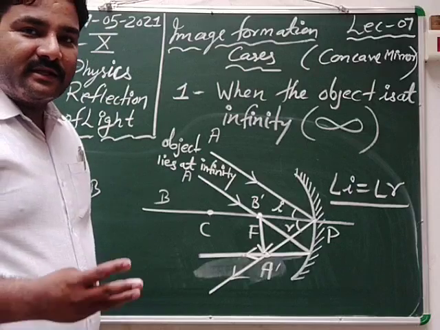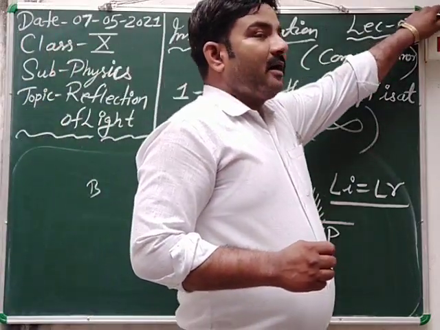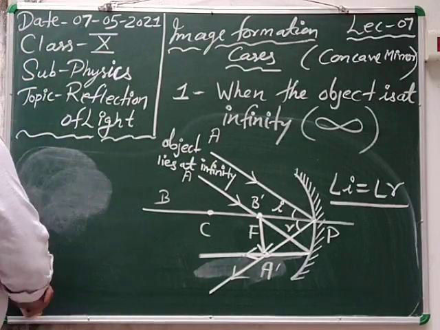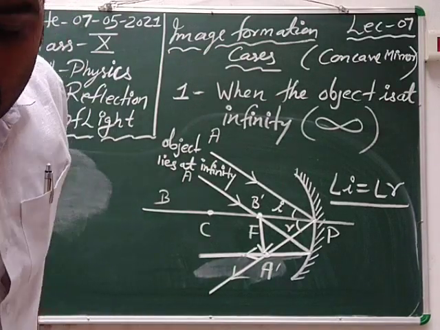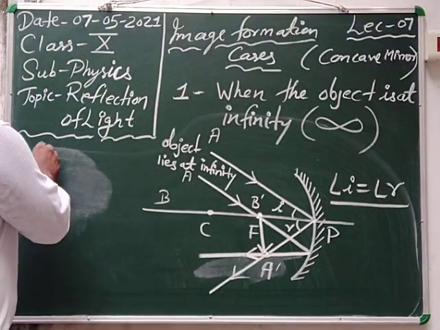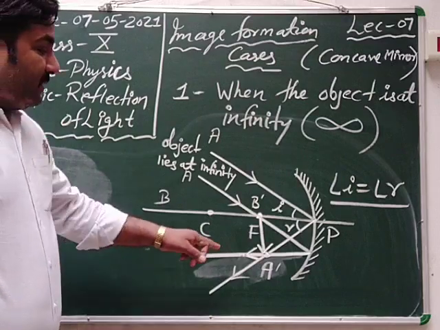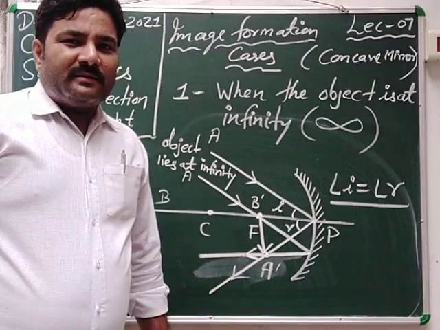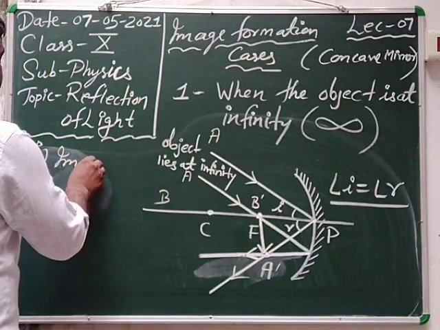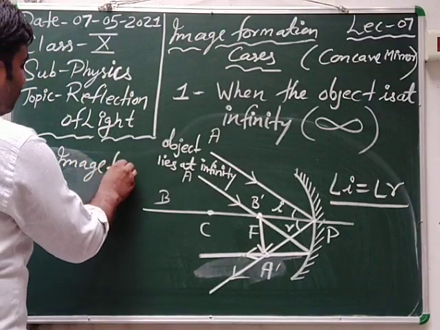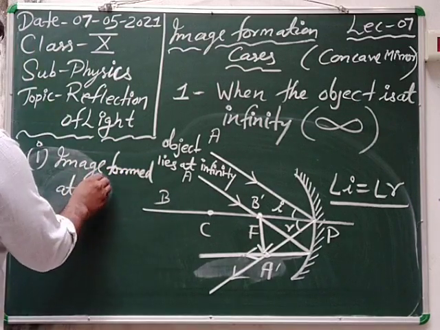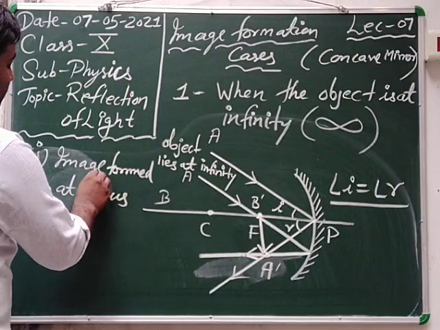So just see the three points about the characteristics of the image. The three points we have to write down. Just see, number 1, the image is formed at focus.